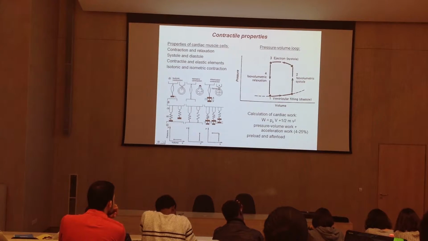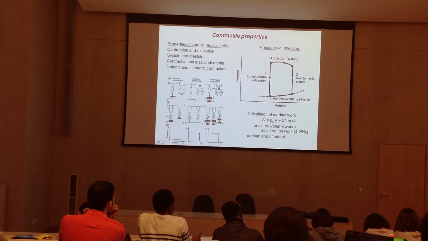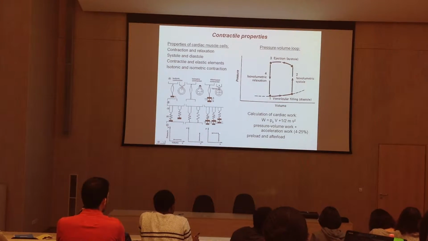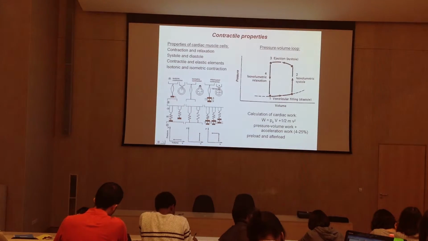Okay, so summarizing what we discussed until now. The work of the heart depends how large is the pressure, what it has to reach, and how large is the volume of the blood which is ejected.